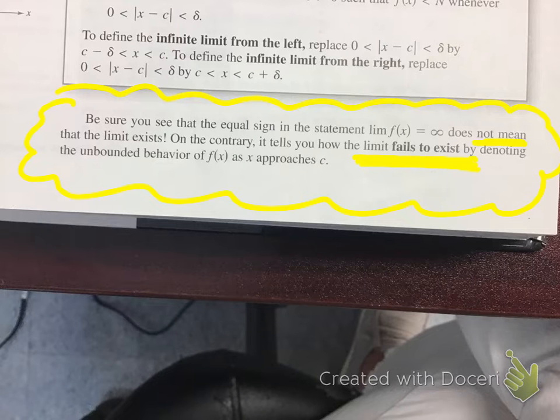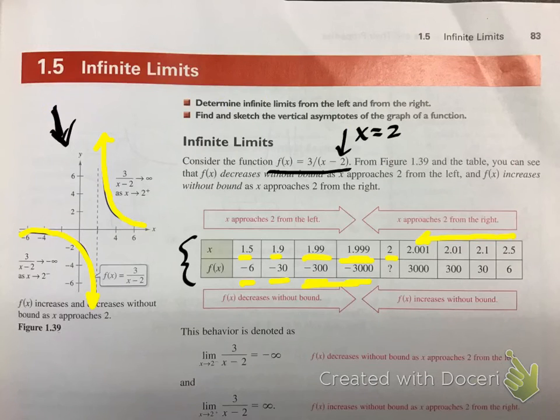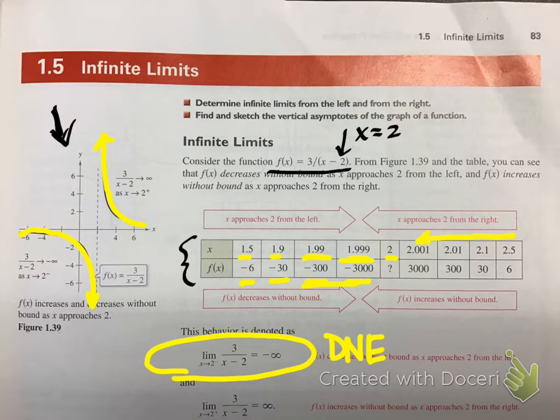I feel like I should say that one more time. Right here, they are not saying that the answer to this limit problem is negative infinity. They're saying, as x approaches 2 from the left, this goes to negative infinity. Therefore, it does not exist because it's unbounded. So it's a little confusing.